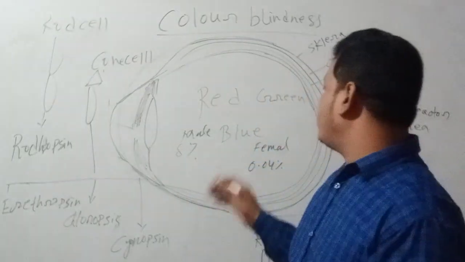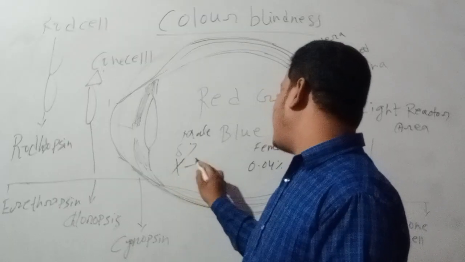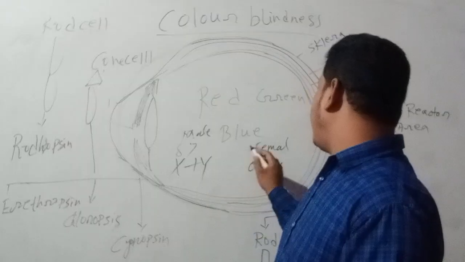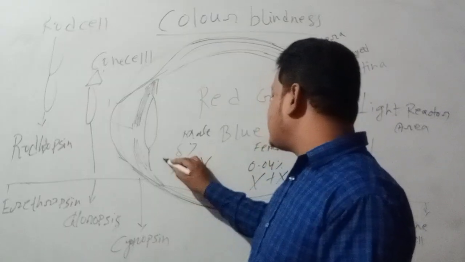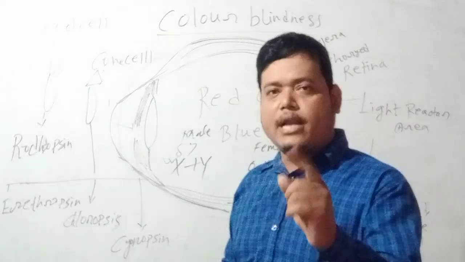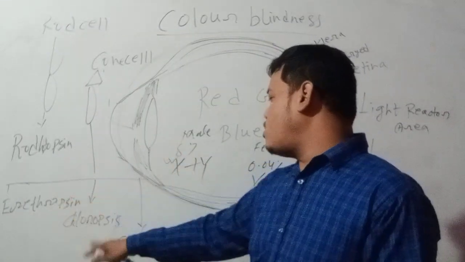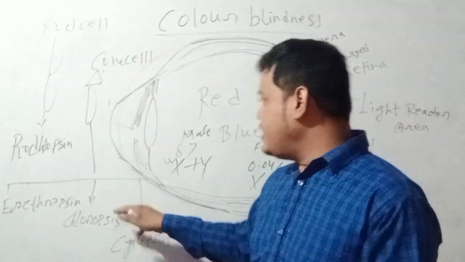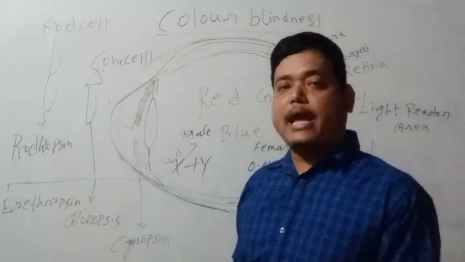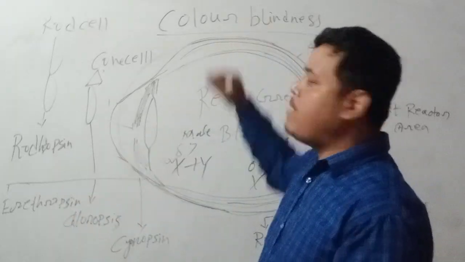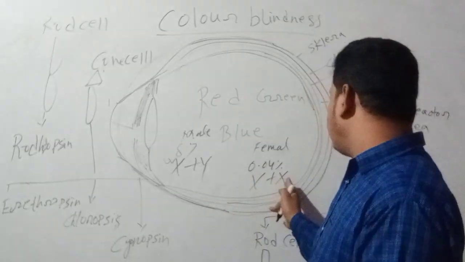This happens because of their chromosomes. Males have X plus Y chromosome, and females have X plus X chromosome. If the male's only X chromosome is faulty and cannot produce erythropsin, chloropsin or cyanopsin, then this male cannot catch these types of light, and he has color blindness. But females have a double opportunity, two X chromosomes.